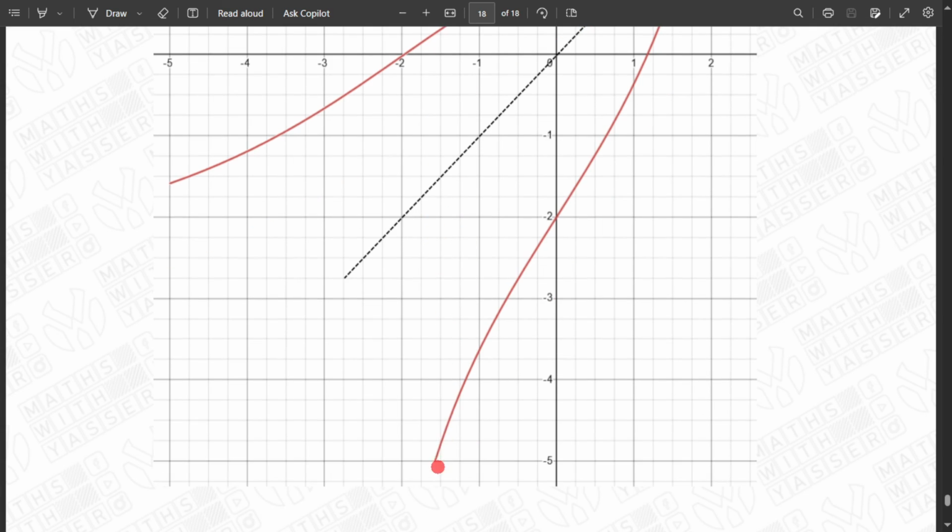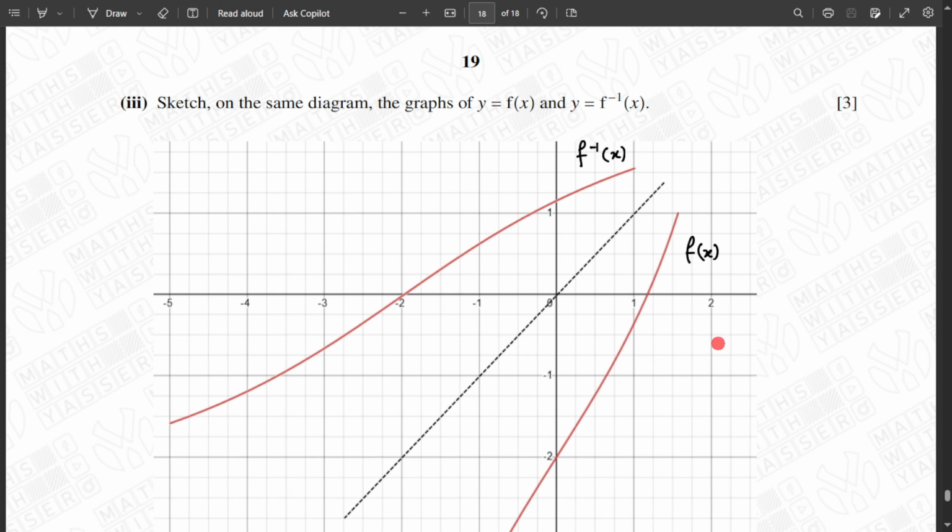That is the domain, which gives us -5, and positive pi by 2 gives us the range of +1 on the y-axis. So therefore, the inverse of the function is a reflection along the line y equals x. So the x and y coordinates of f of x will switch.